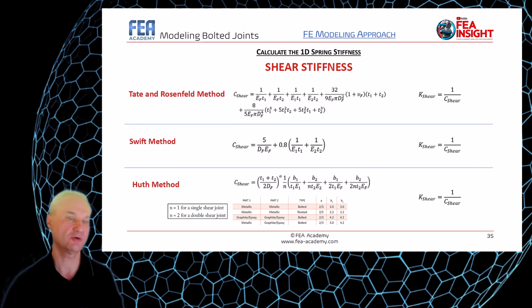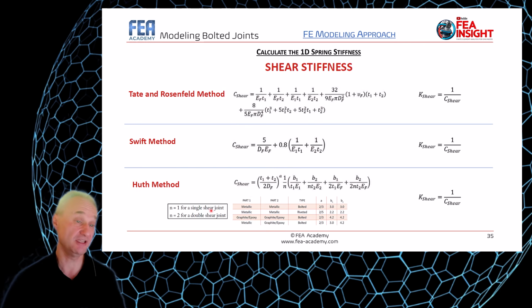Those equations give you the flexibility factor that you can use to calculate the flexibility of your fastener. Obviously, the stiffness of the fastener is 1 over the flexibility. So you see the parameters involved in the calculation of the flexibility. You recognize those values that I discussed in the previous slide, where you have the Young modulus of the fastener, the Young modulus of the plates, the diameter of the fastener, and many parameters.